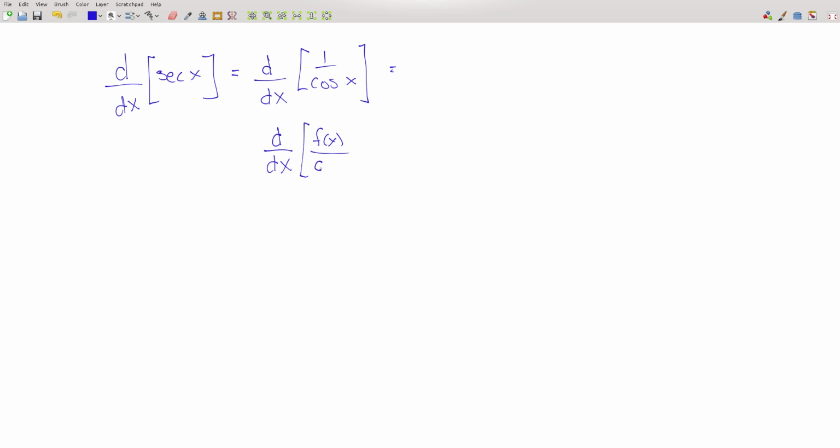The derivative of f of x over g of x is g of x times the derivative of f of x minus f of x times the derivative of g of x, all over g of x squared. Let's apply this quotient rule to 1 over the cosine of x so that we can find the derivative of the secant of x.